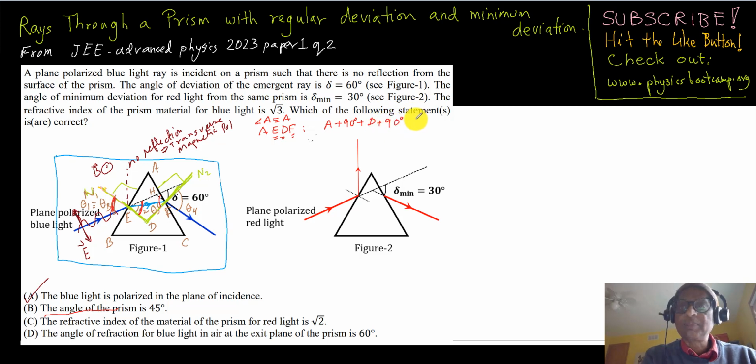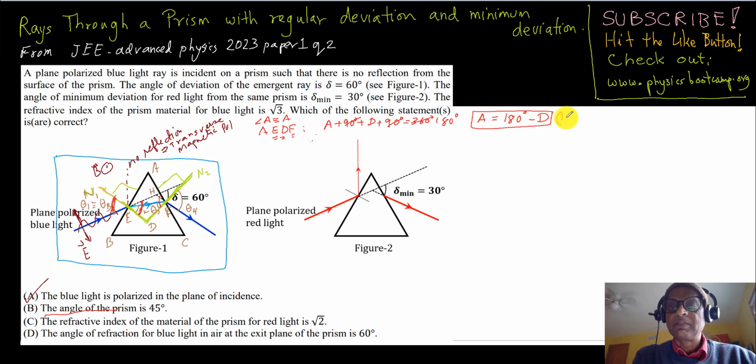All of this must add up to 360 degrees, right, because it's a four-sided quadrilateral. So you can cancel 180 degrees, and you have A is 180 degrees minus D. So that's one relation we get.